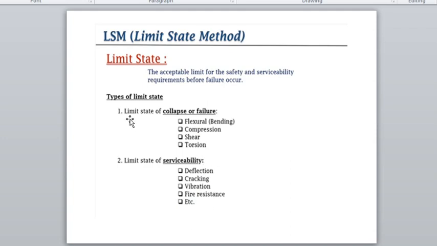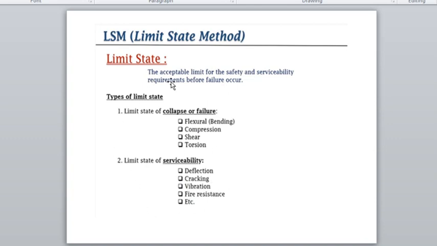For example, limit state of collapse is of four types: flexure, which means bending, that happens in a beam; compression, in the case of a column; shear, which means force; then torsion, which means rotation. Then limit state of serviceability includes deflection, cracking, vibration, fire resistance, etc.